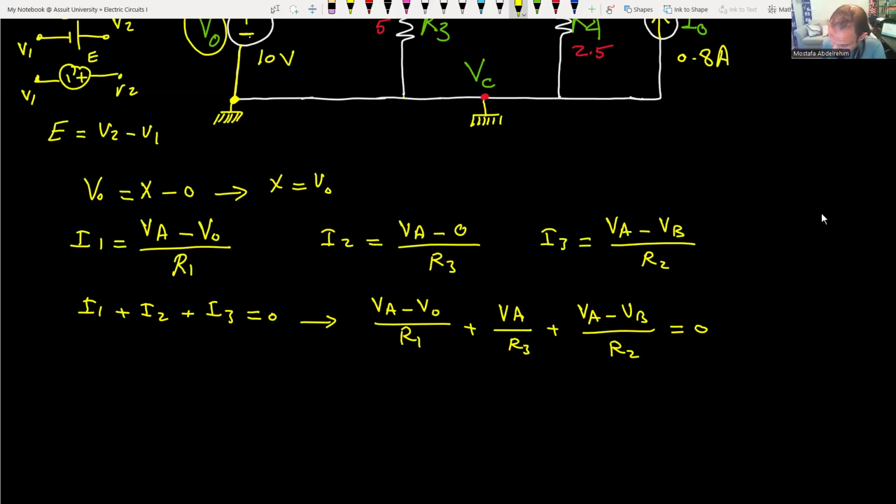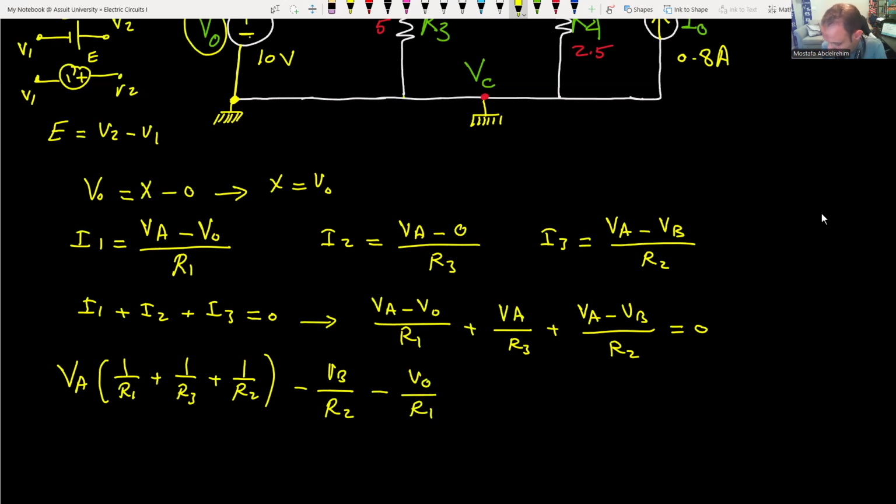Let's take VA as a common factor. VA as a common factor here will be 1 over R1 plus 1 over R3 plus 1 over R2, minus VB over R2, minus V naught over R1.